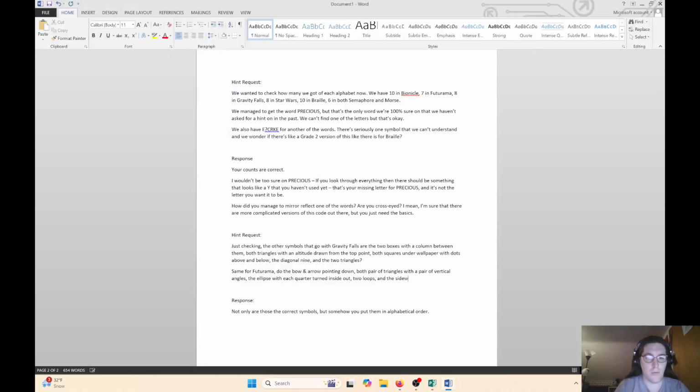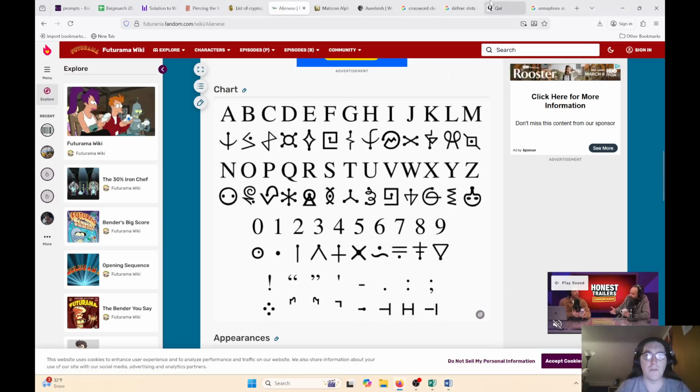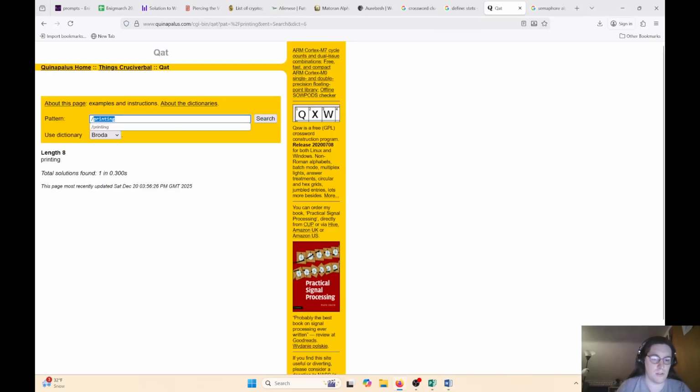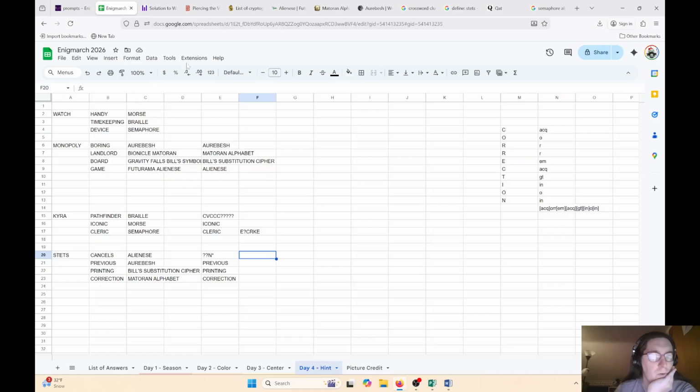And the sideways I. Go with this one. Yes. Not only are those all the correct symbols. Okay. And then we'll do the same thing to check cancels. Yep. Okay. Great.